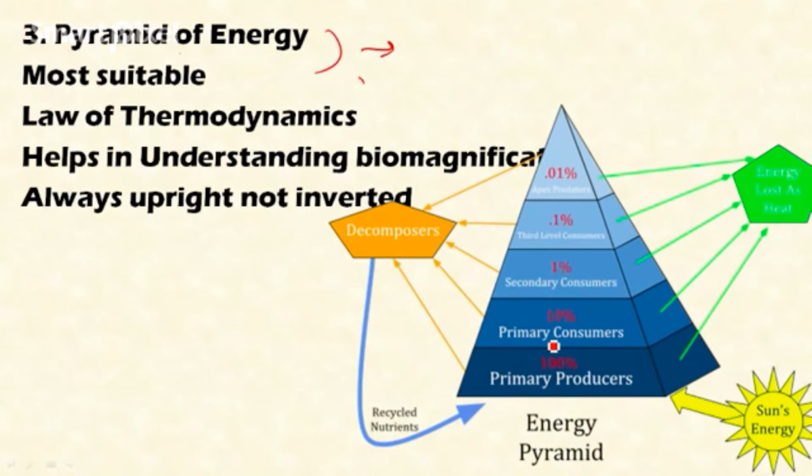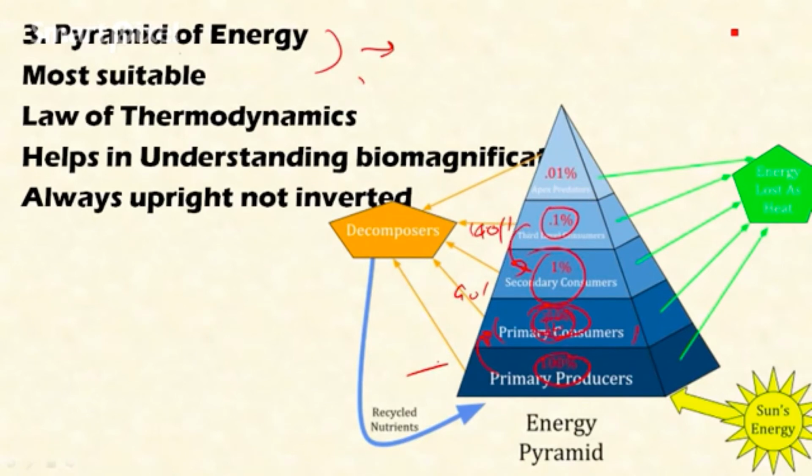For example, primary producers produce 100% of energy, and the primary consumers, while getting food, gain only 10% of energy, and the remaining energy is lost in the form of heat. Likewise, 10% is gained here and 90% is lost, and 10% is gained here from this level, and another 90% is lost in the form of heat and metabolic activity.